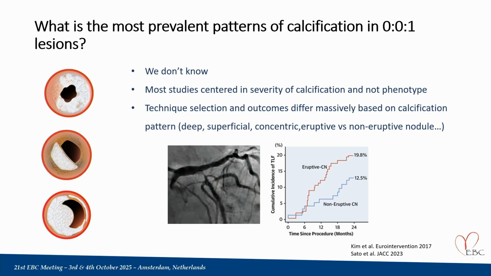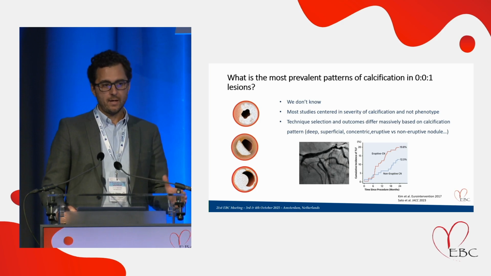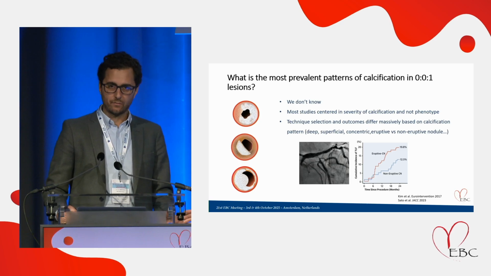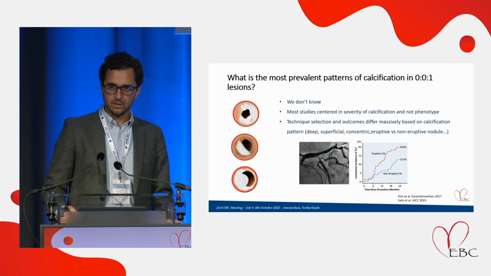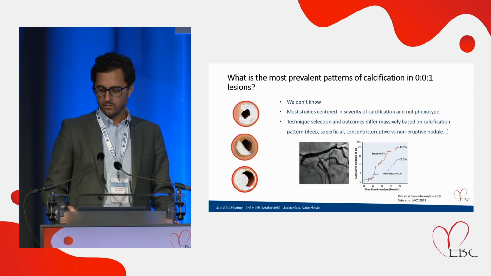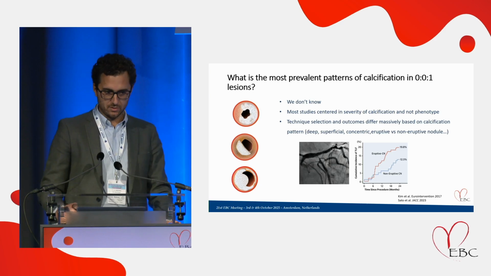We don't know what calcification phenotype these patients, specifically the Medina 0.0.1 lesions, have, and the technique selection and the outcomes may differ absolutely from one technique to another based on the phenotype that we are confronting. Just focusing on calcium nodules, it's not the same dealing with an eruptive calcium nodule as with a non-eruptive calcium nodule in terms of MACE. So phenotype matters, and we have to do a better job in phenotyping the pattern of calcification that we encounter in these challenging scenarios.